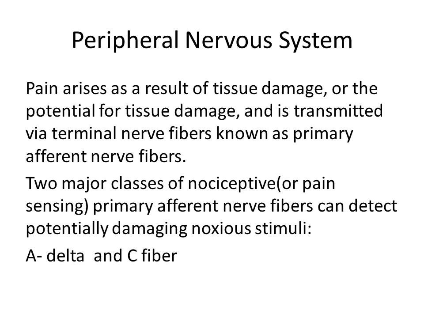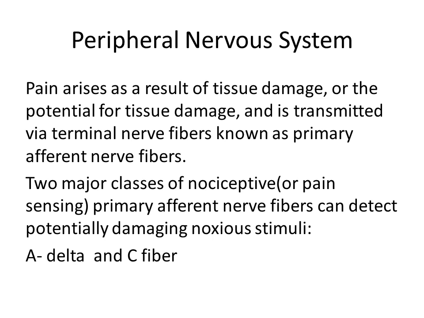This is transmitted via terminal nerve fibers, which we call primary afferent nerve fibers. These are nociceptive, pain-sensing primary afferent fibers, distributed to detect any noxious stimuli. They are either A-delta nerve fibers or C fibers.